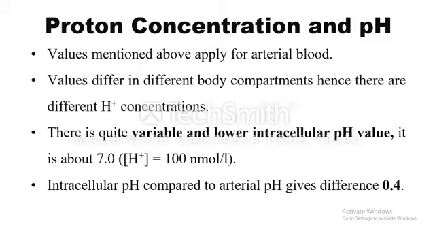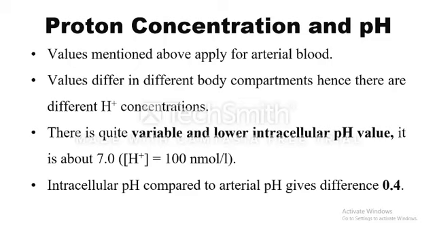There is a quite variable and lower intracellular pH value. It is about 7, that is, the hydrogen ion concentration is 100 nanomoles per liter. This is for the case of intracellular pH. Intracellular pH compared to arterial pH gives a difference of 0.4, that is quite high.